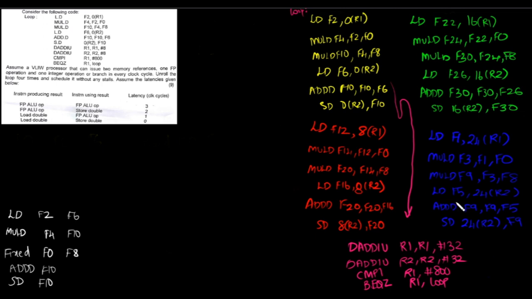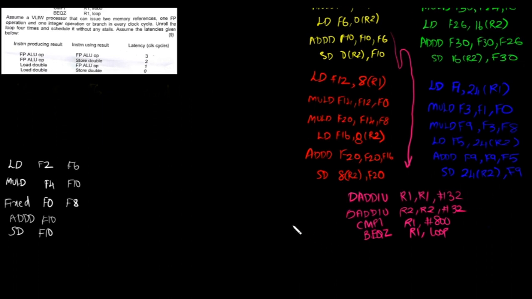For a floating point instruction producing a result and another floating point instruction using that result, for example here the multiply is a floating point instruction whose result is used by another floating point instruction, F14 here, this will incur a 3 clock cycle stall.